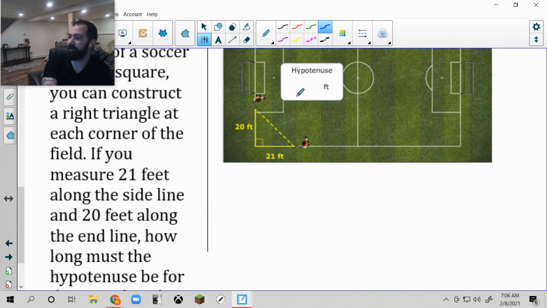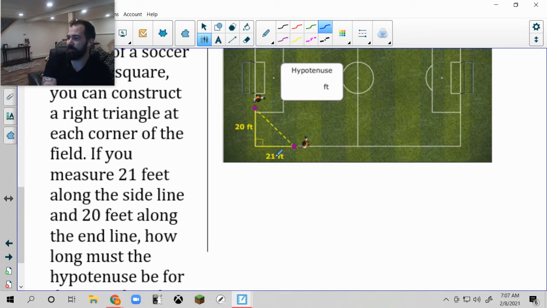So you put a cone here, you put a cone here, and you measure this distance, and it should match up to whatever it is if you measured these correctly. So if I measure 21 feet here and 20 feet here, if this is a right triangle, this should be a certain distance, and we want to find out what distance that is.